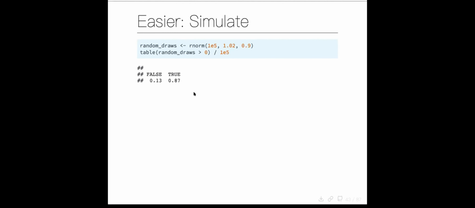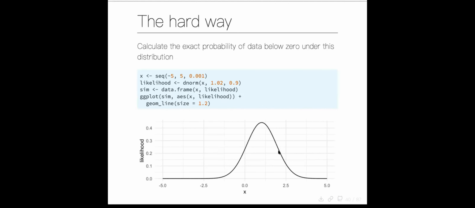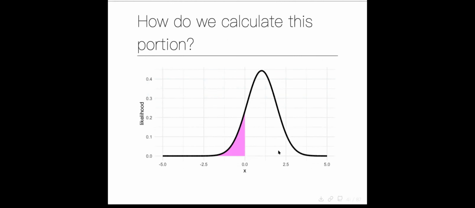Okay. More easily, we could also simulate and we'll get essentially the exact same answer. So here, I'm just going to randomly draw 1,000 observations from that distribution that I have. Okay. So going back here, right? This is the distribution I have. I'm going to just randomly draw 1,000 values over and over and over again.